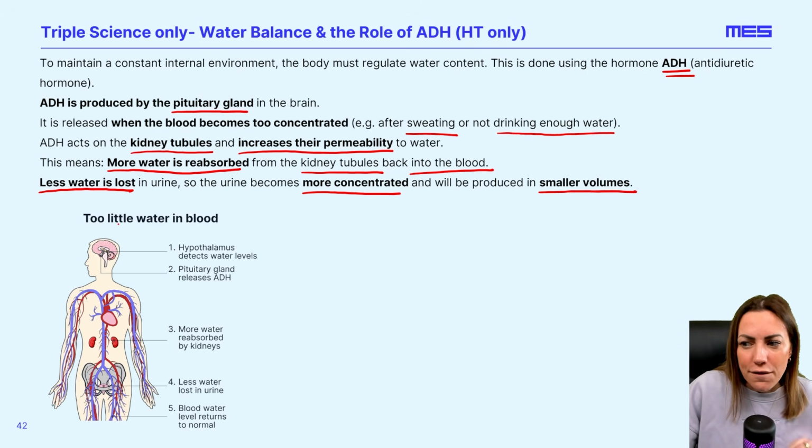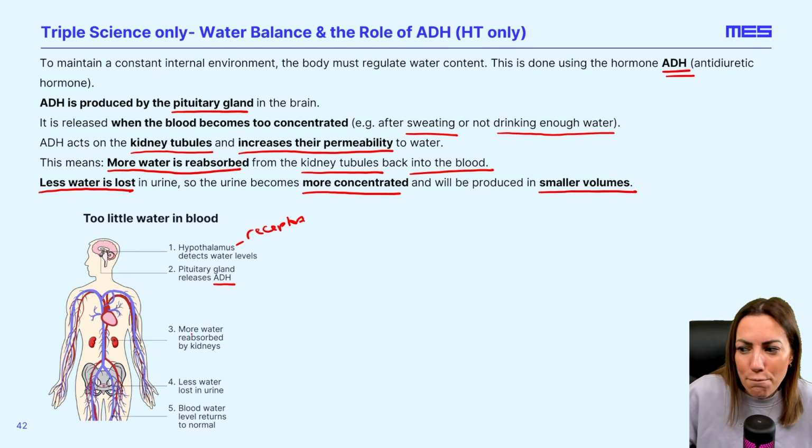So if you've got too little water in your blood, or your blood is very concentrated, the hypothalamus will detect, I should have said the hypothalamus contains receptors to detect that there is too little water in your blood, or your blood is too concentrated. That will signal the pituitary gland to release ADH, a hormone, into your bloodstream.